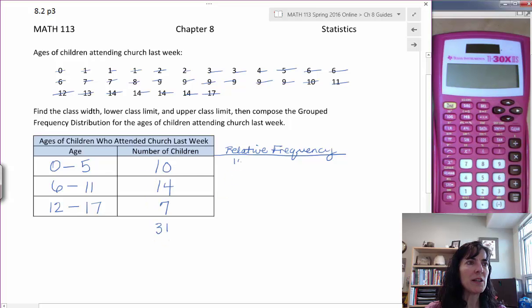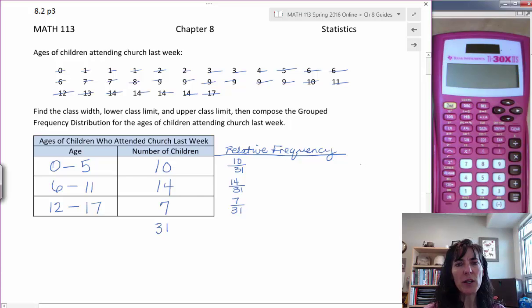So this would be 10 out of 31, this would be 14 out of 31, and this would be 7 out of 31. And then I would divide each of them and convert them into a percent.